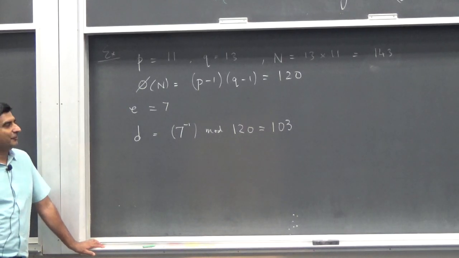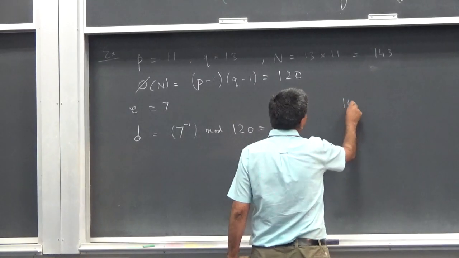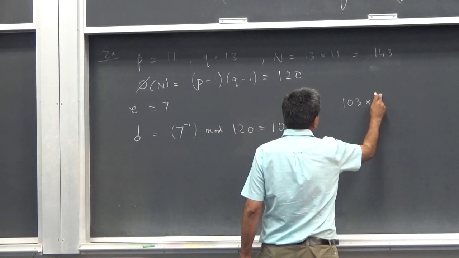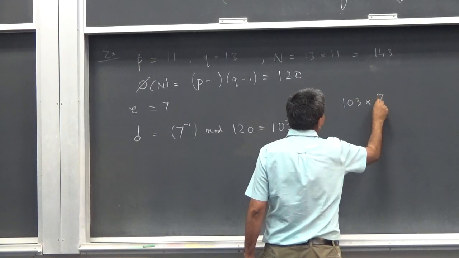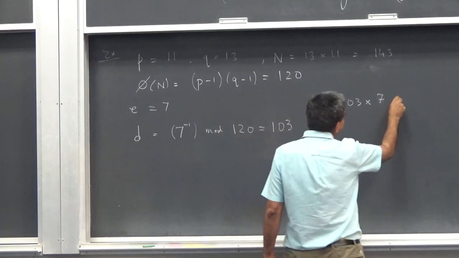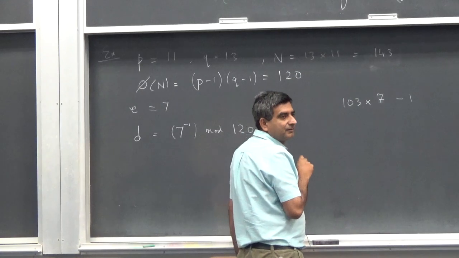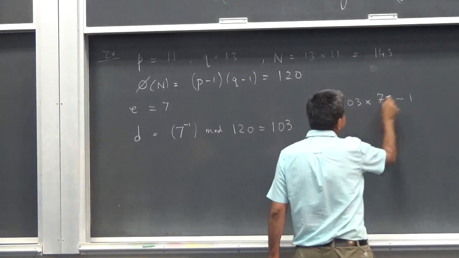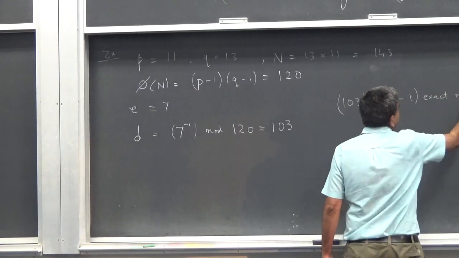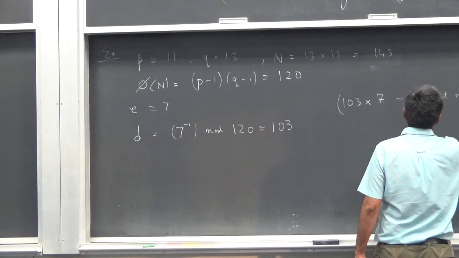Okay? What this really means is that if I were to take 103 times 7, DE, and subtract 1 from this, this will be an exact multiple of 120.